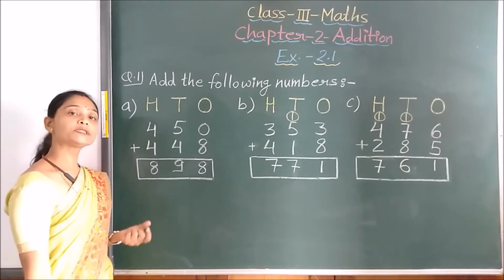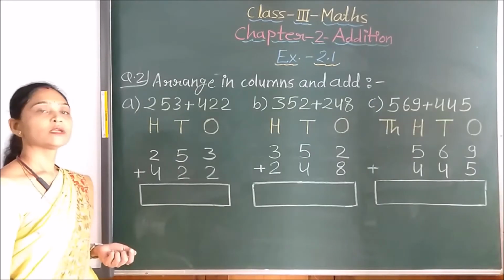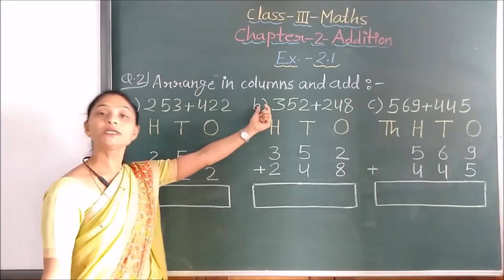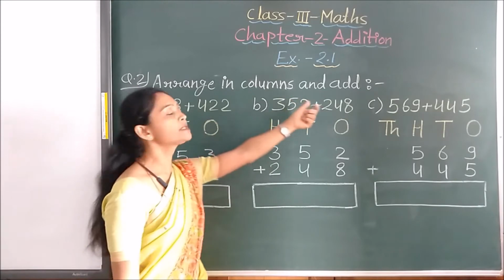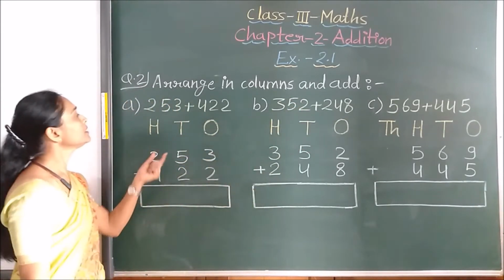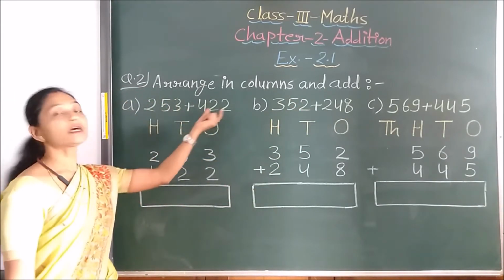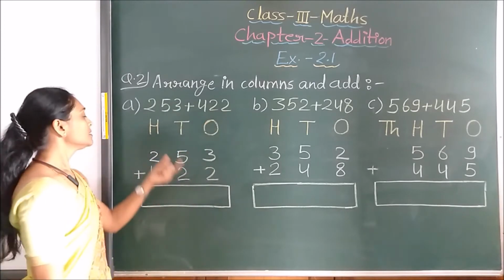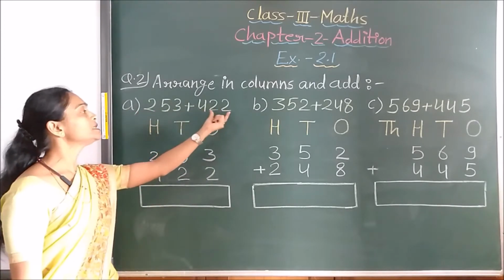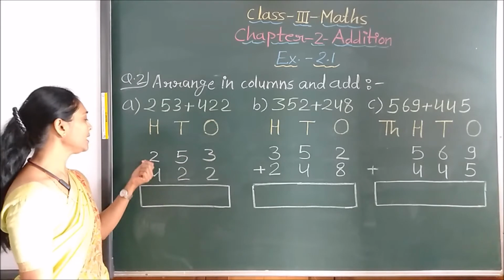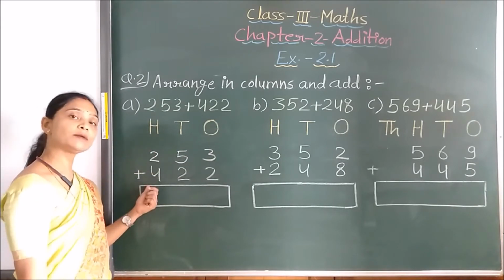Now we will see question number 2. Arrange in columns and add. Now see children, here these numbers are not arranged in columns. So first we have to arrange these both numbers in columns like this, as we had in question number 1.